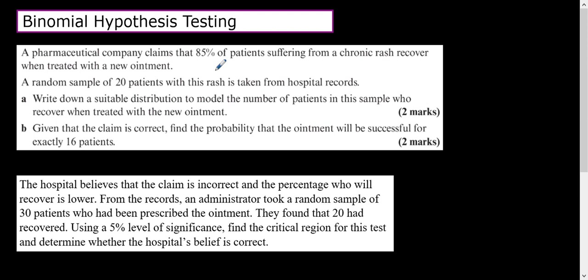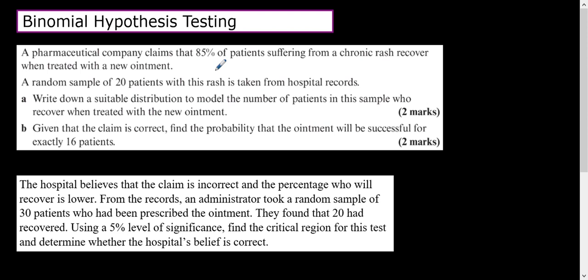But then who am I to judge that that is significantly lower and therefore your claim is rubbish? I have no real evidence. I just have my opinion. Someone else's opinion might be that 67% is actually quite close to 85%. And if it had been perhaps below 50%, then I'd be worried. So this idea of defining what constitutes a significantly different outcome is the heart of binomial hypothesis testing.